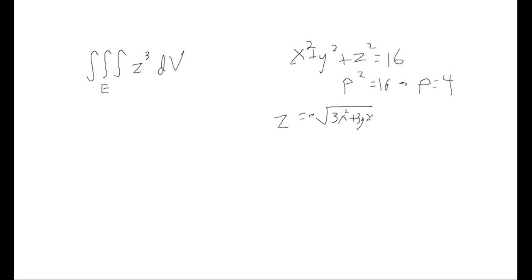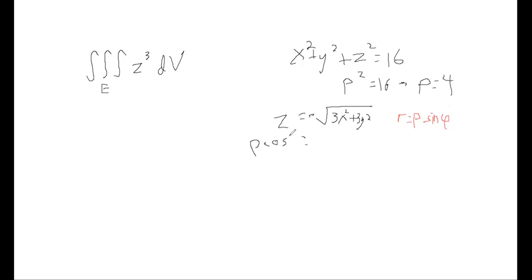And x squared plus y squared is the same as r squared, but we've already said that r is supposed to be rho sine of phi. What we're going to get here is that z is going to be equal to, and keep in mind, z is rho cosine of phi.